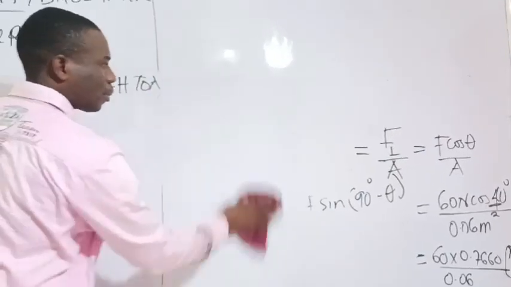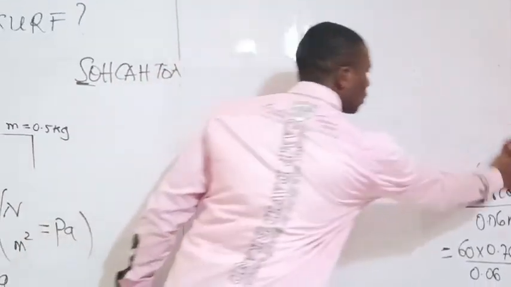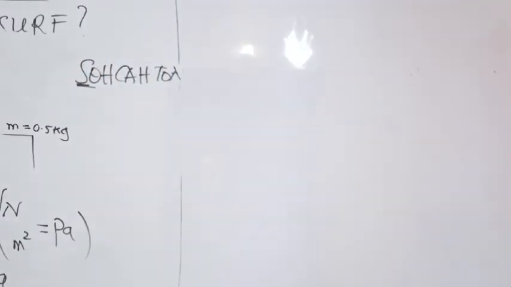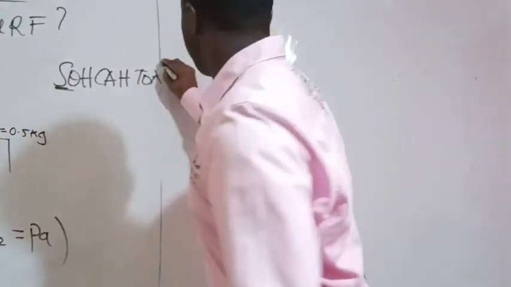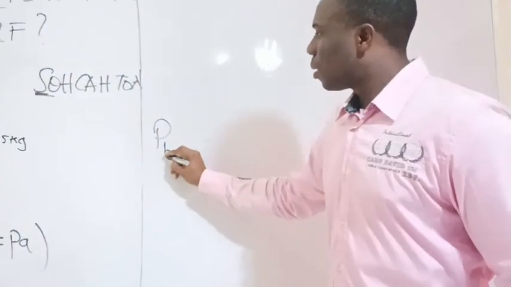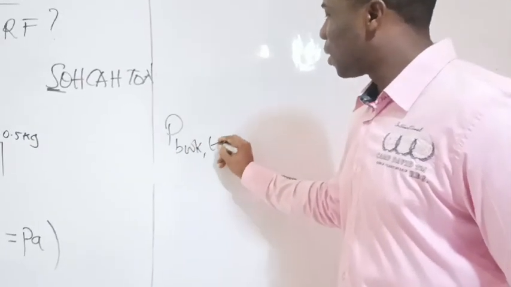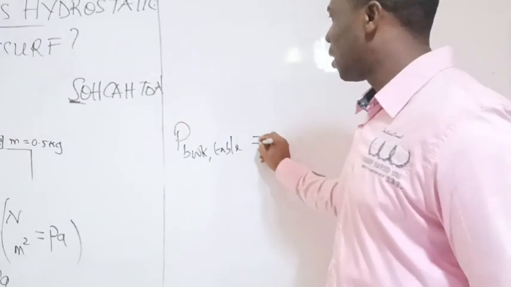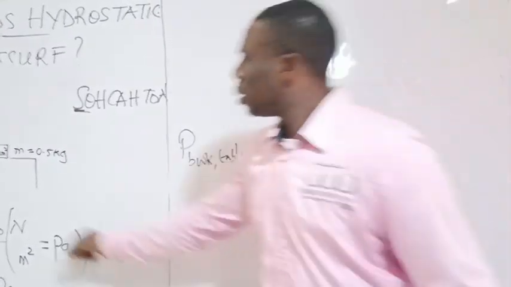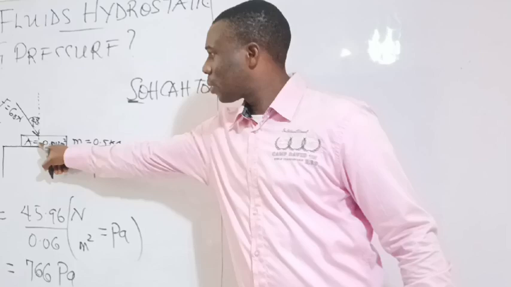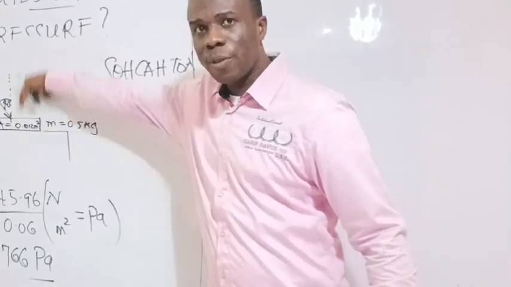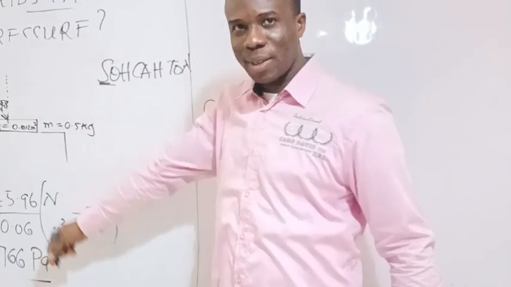All right. So I'm now particular about the pressure the book exerts on the table itself. Let's break it down. To start with, the book has a mass of 0.5 kilogram, and there is a downward force of gravity acting on it.